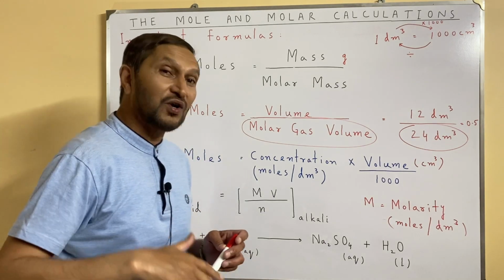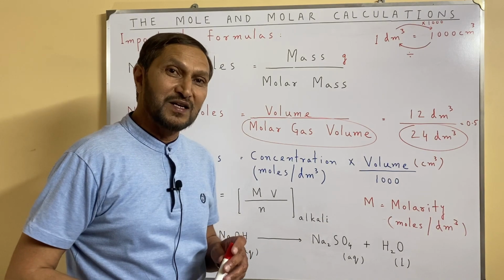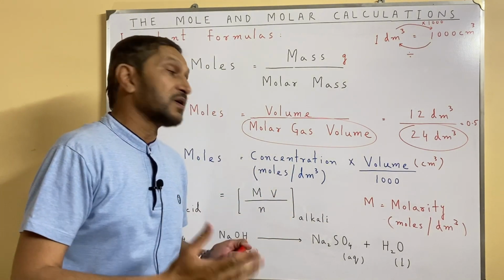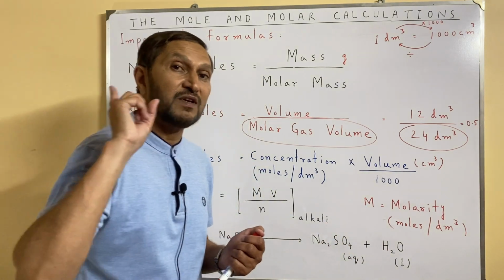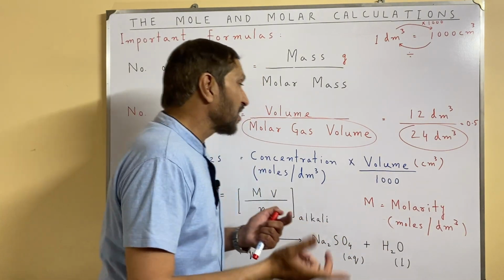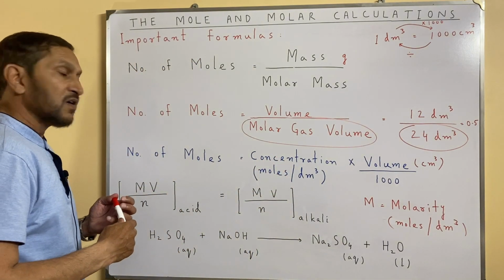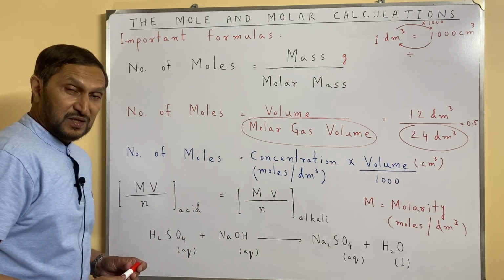If we take 2 moles of sodium chloride in 1 liter of solution, it means that its molarity will be 2. Its concentration will be twice. Molarity or concentration is the same thing. Mostly this formula is applied for solving acid, alkali, or neutralization reaction questions.